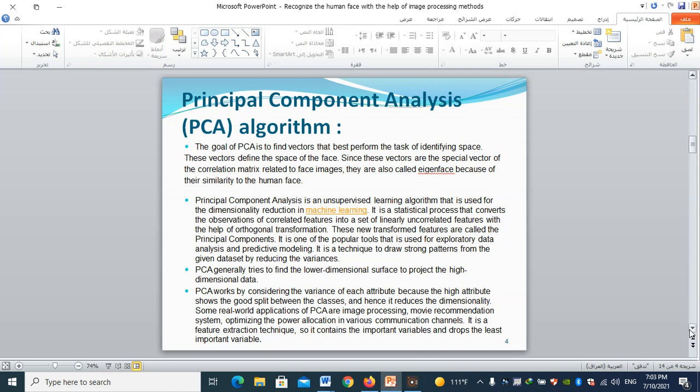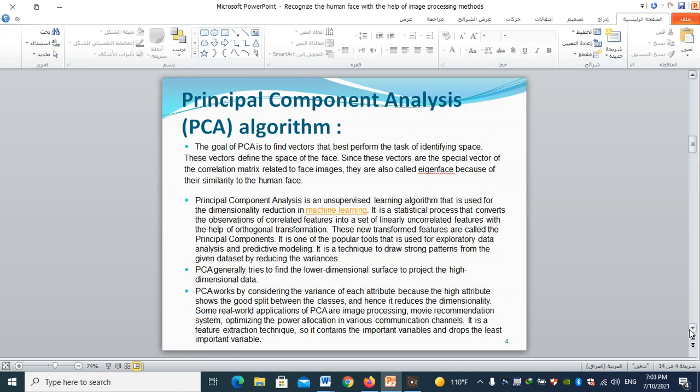These new transformed features are called the principal components. It is one of the popular tools used for exploratory data analysis and predictive modeling. It is a technique to draw strong patterns from the given data set by reducing the variance.